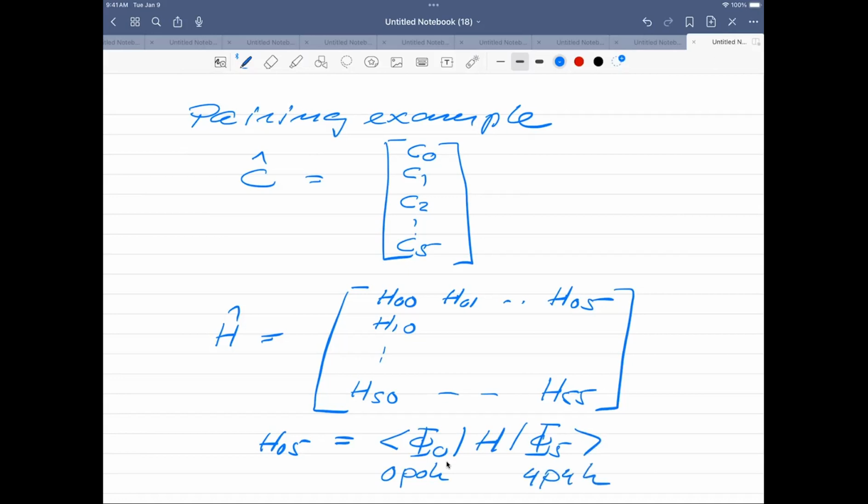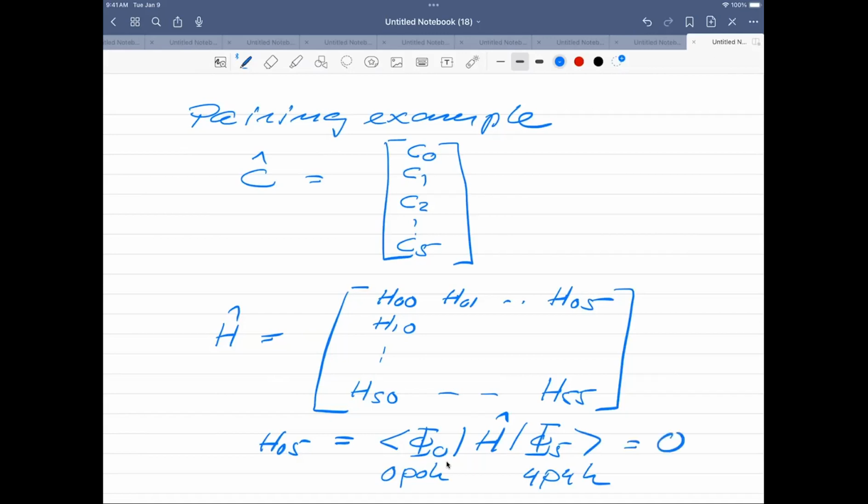So if the operator H is an operator which contains at most a two-body interaction, what should the value be here if you use the Condon-Slater rules? Should be 0, because now we have 4 particle states and 4 hole states. So there's nothing in common between the ground state and that 4 particle 4 hole excitation.